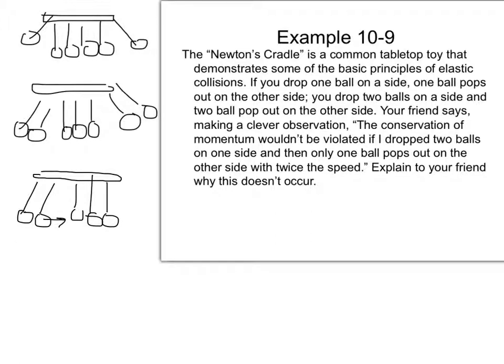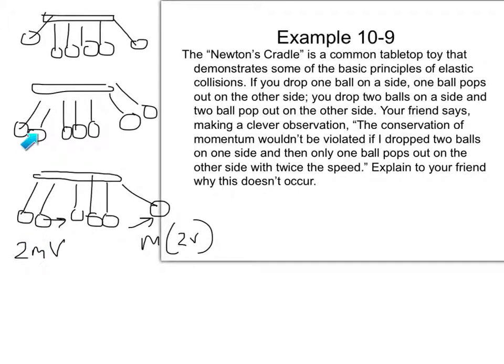So you pull two of these masses out. Two masses times velocity. Why couldn't you have then one mass pop out on the other side with twice the velocity? So that's like flying up twice as high as these right here.